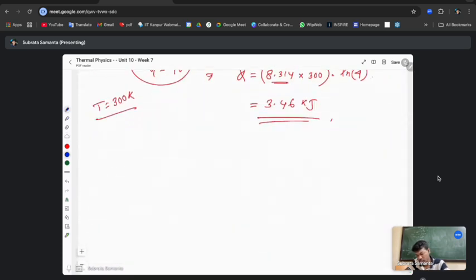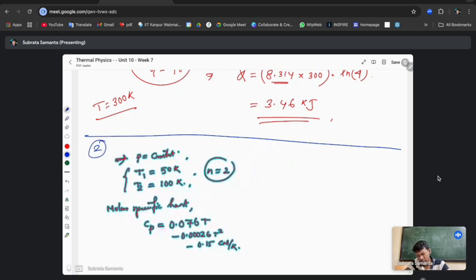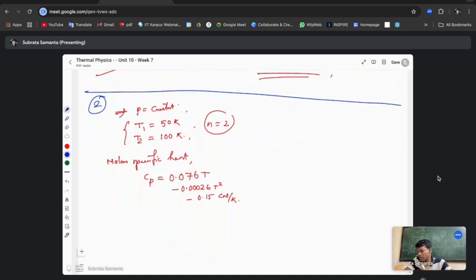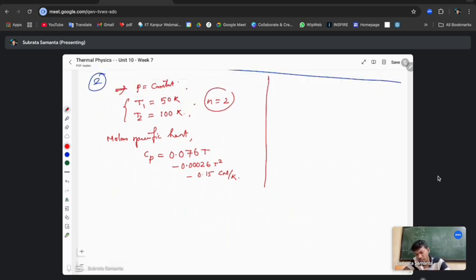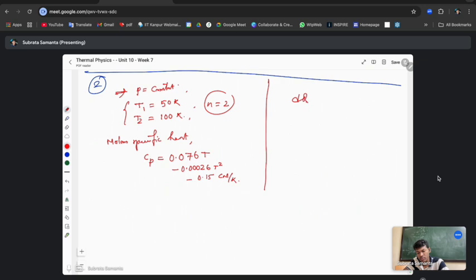So problem number 2, the data is given like this. Now how to calculate the required heat? You know that dq is n times Cp dT.